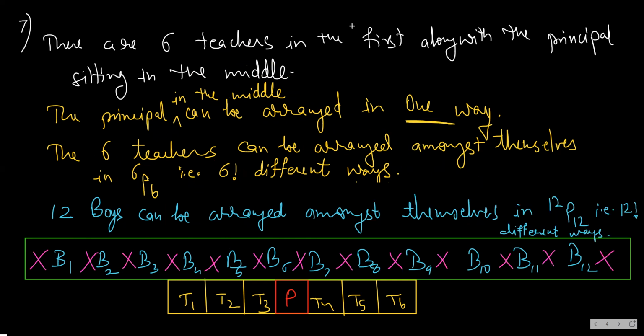So the remaining 6 girls, G1, G2, G3, G4, G5 and G6, if these 6 girls are arranged in these 13 places, no two girls will be together. So that is what I'm going to do now. See, how do I write? I'll write here.